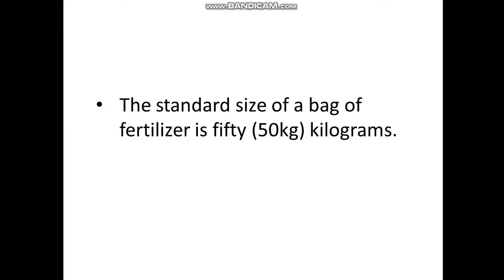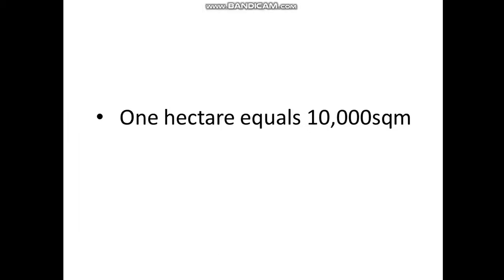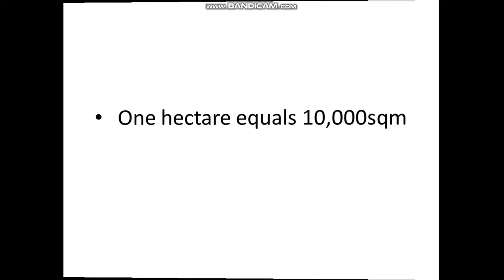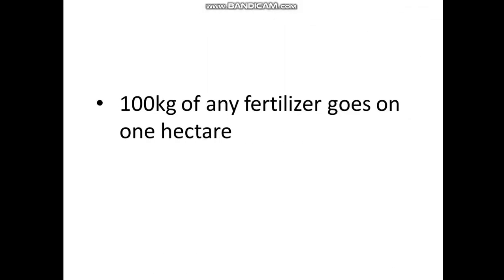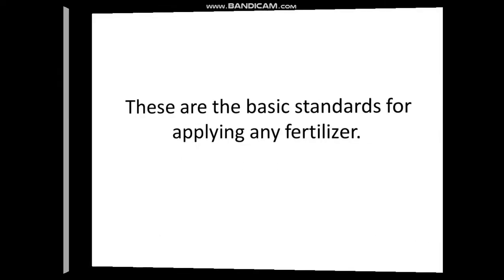The standard size of a bag of fertilizer is 50 kilograms. 1 hectare equals 10,000 square meter. 100 kilograms of any fertilizer goes on 1 hectare. The ratio of fertilizer, an example is NPK 15-15-15, is the composition of that nutrient element in every 100 kilograms of that fertilizer. These are the basic standards for applying any fertilizer.